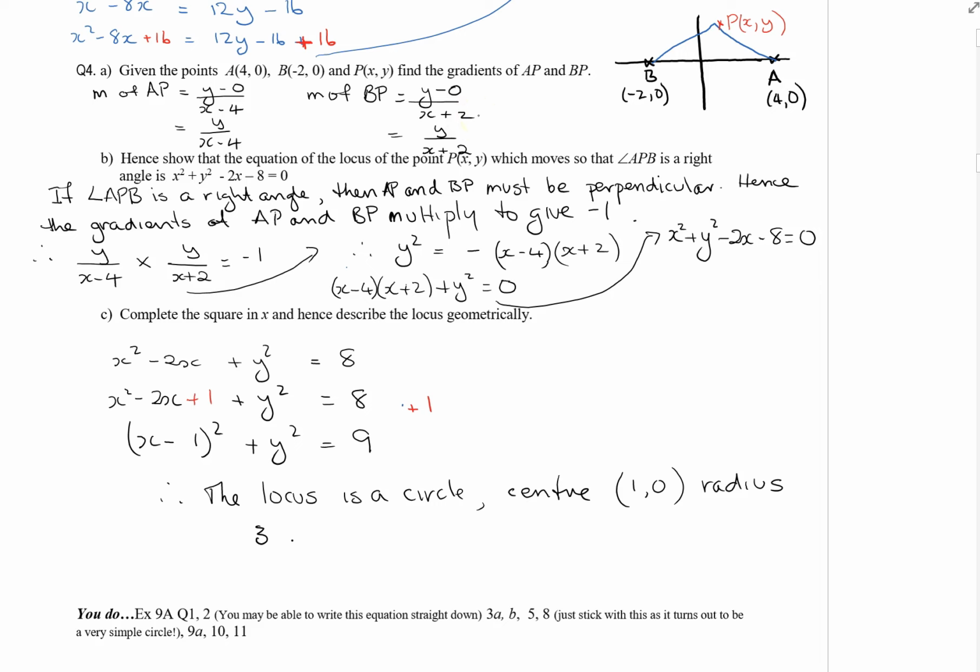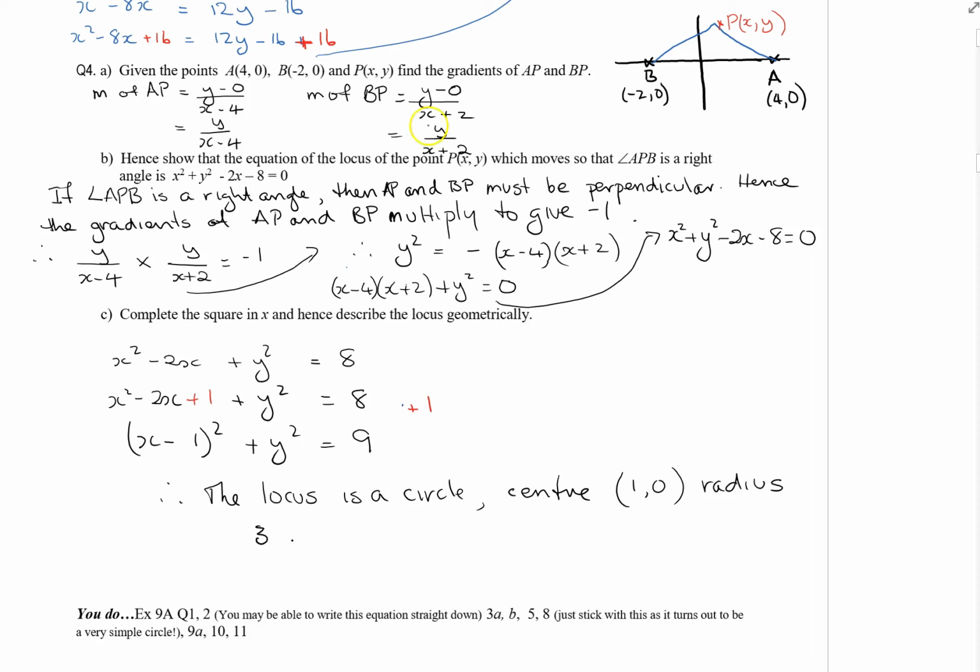Now, they've really been very kind in this question. You would probably have read that and wondered why you're doing gradient. Well, you'll see in part B exactly why they gave you that instruction.